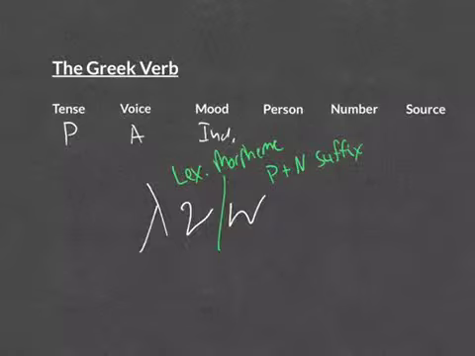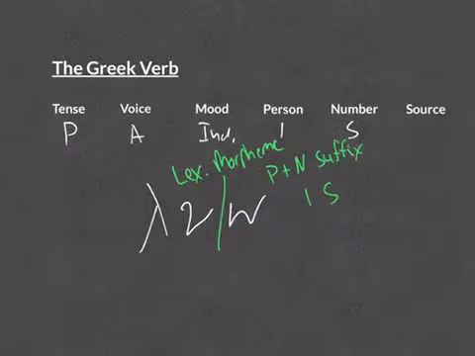As you hopefully wrote down the 1, 2, 3 next to the luo, lues, and lue, you'll understand that luo is going to be first person, and it's going to be singular. If you were to parse this, and parsing just means dividing the word up, right now we're just covering present active indicative, so you don't have to worry about that at the moment, but it's going to be first person singular.